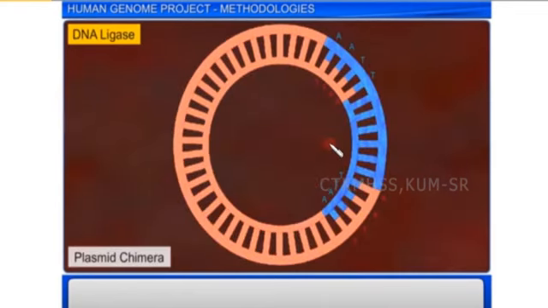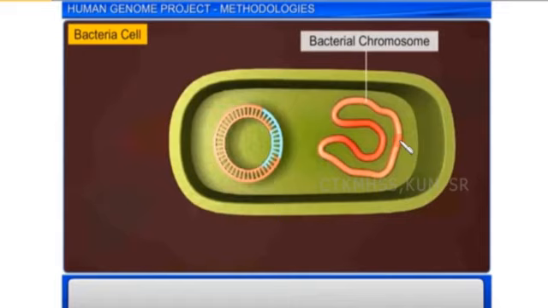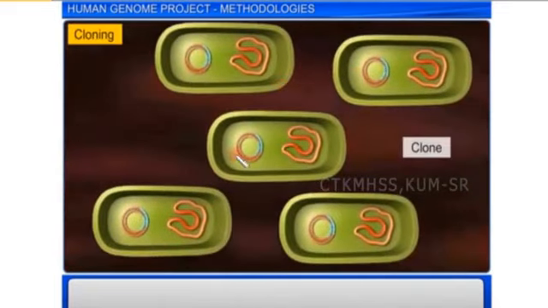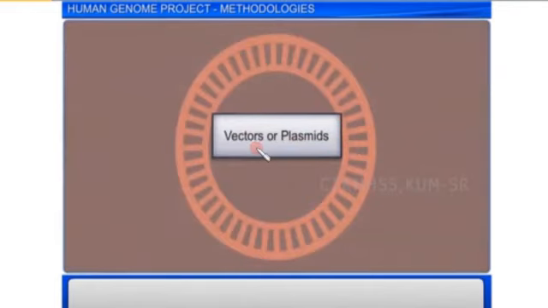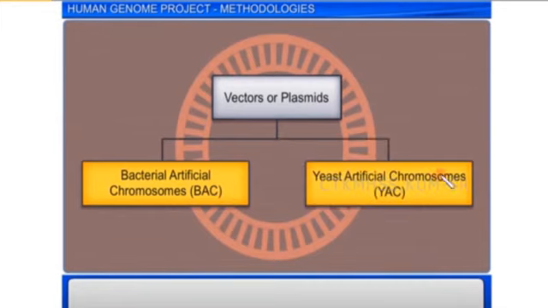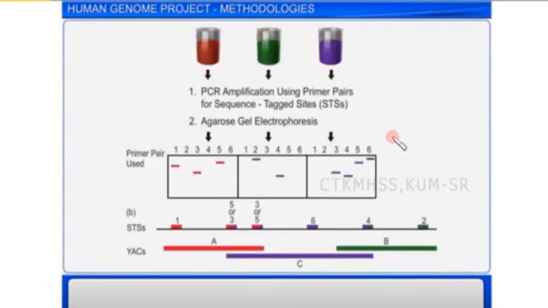With the help of DNA ligase, it is combined with the bacterial chromosome. Through this process of cloning, we get many copies. The vectors were called bacterial artificial chromosomes or BAC and yeast artificial chromosomes or YAC respectively. The cloning amplified each DNA sequence, which made it easier to sequence.